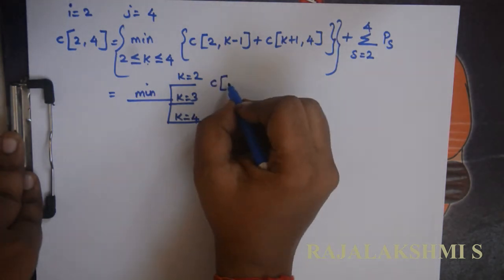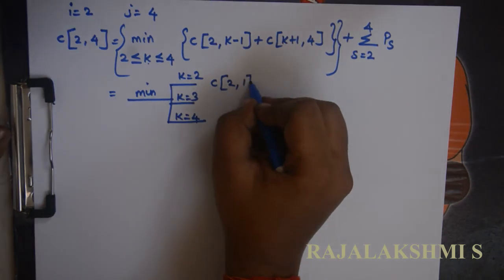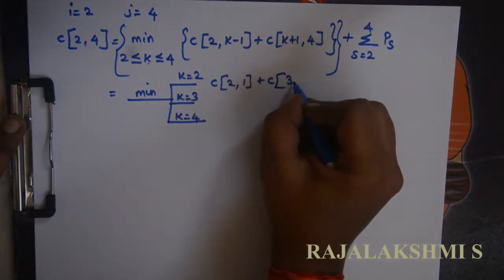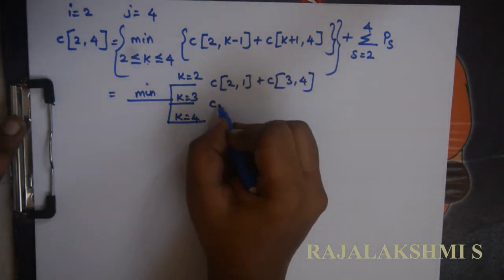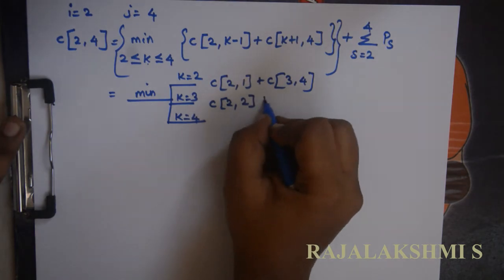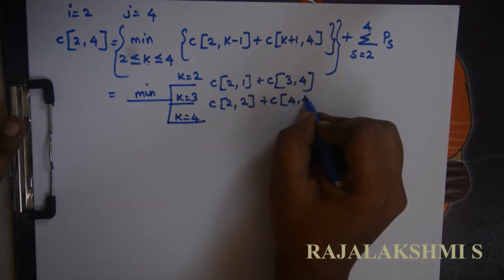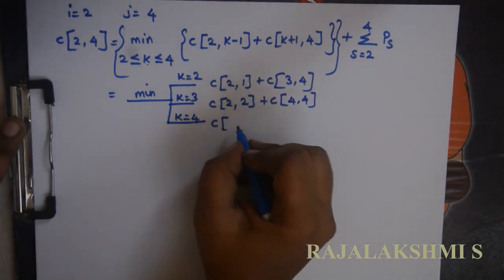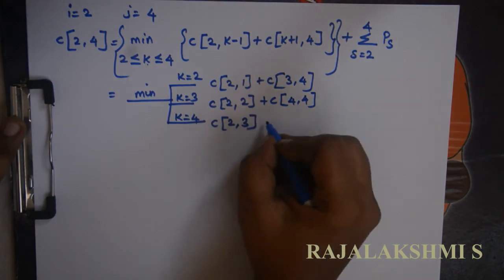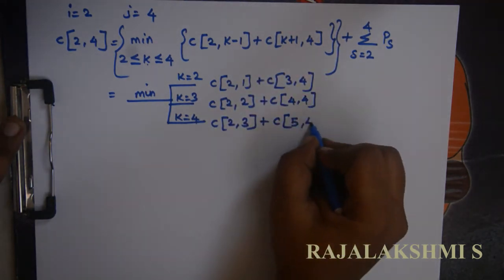So C of 2 comma K minus 1, so K minus 1 it is 1 plus C of K plus 1 which is 3 comma 4, and C of 2 comma K minus 1 which is 2 plus C of K plus 1 which is 4 comma 4. C of 2 comma K minus 1 which is 4 minus 1 that is 3 plus C of K plus 1 which is 5 comma 4.